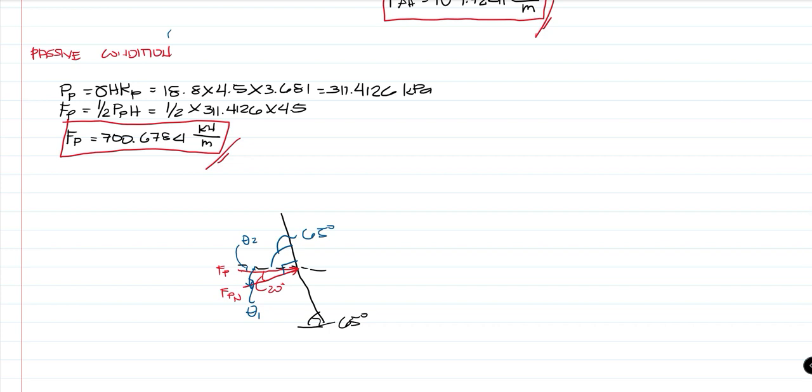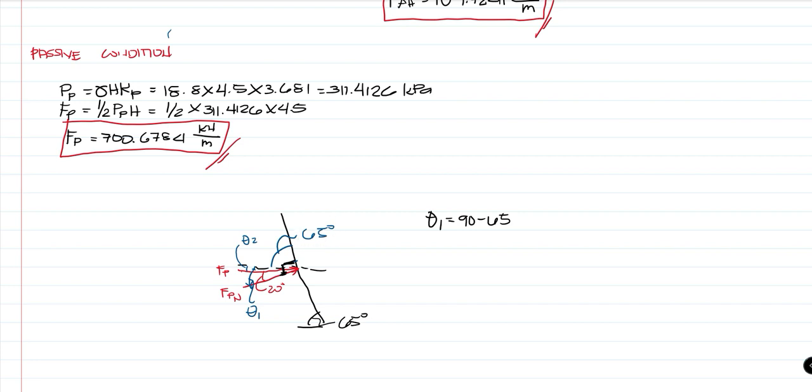So ang una nating mahanap dyan ay yung theta 1. Si theta 1 will always correspond to a value 90 minus 65. Kasi galing siya dun sa normal force and papunta dun sa angle nung or yung inclination ng face ng retaining wall. So that is 90 degrees. Meron tayo nitong value na 65.